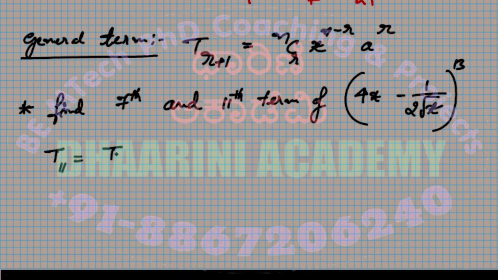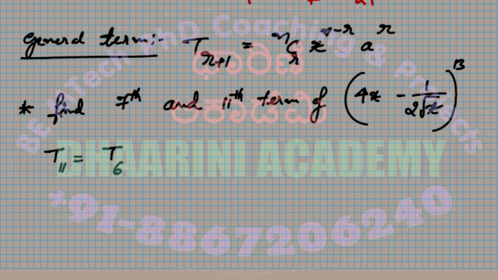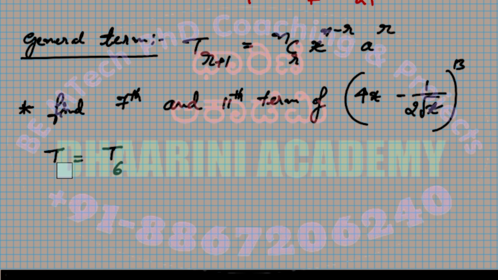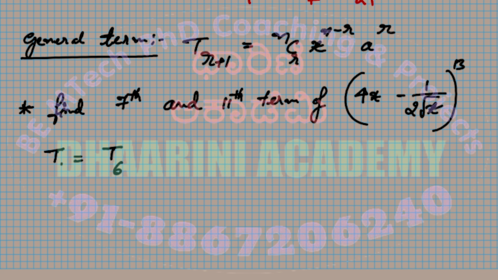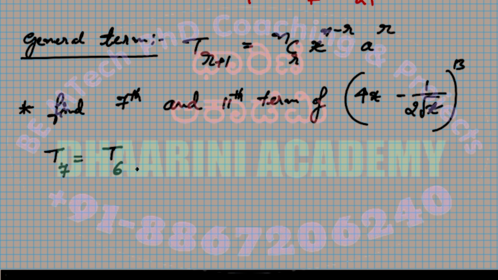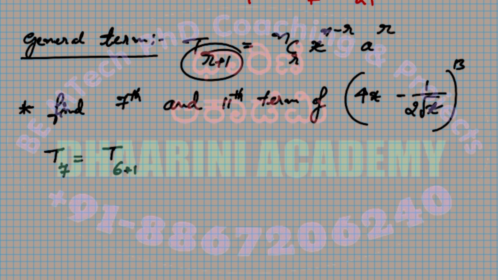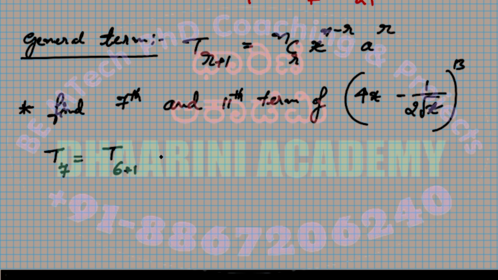First we'll find T7. When I want to find T7, I just have to write it as T6 plus 1, because the r plus 1th term is what we want. So r is 6 now, and n is equal to 13.